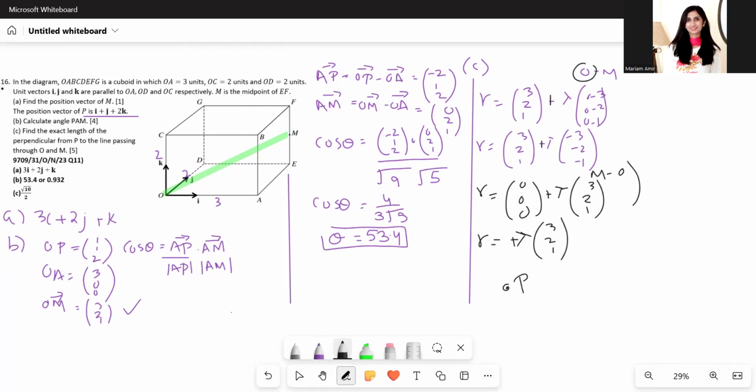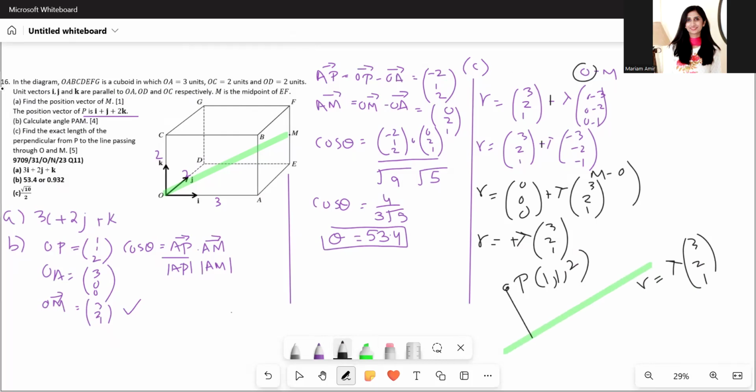Okay, so the coordinates of P are 1, 1, and 2, and the line is r equals lambda times 3, 2, 1. And we need this length, the exact length of the perpendicular from P to the line passing through O and M. Okay, I'm calling this point X.